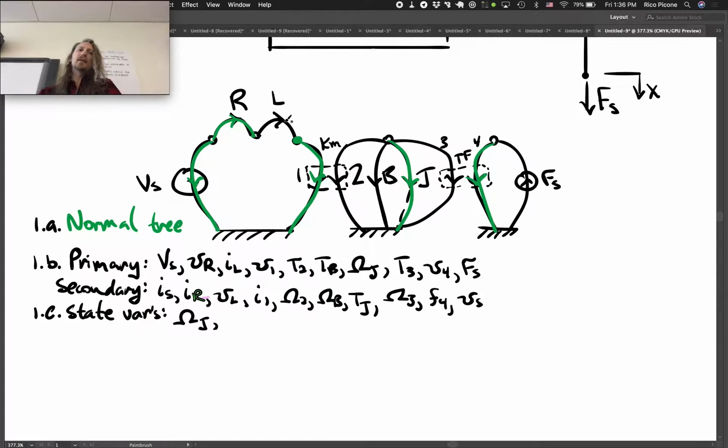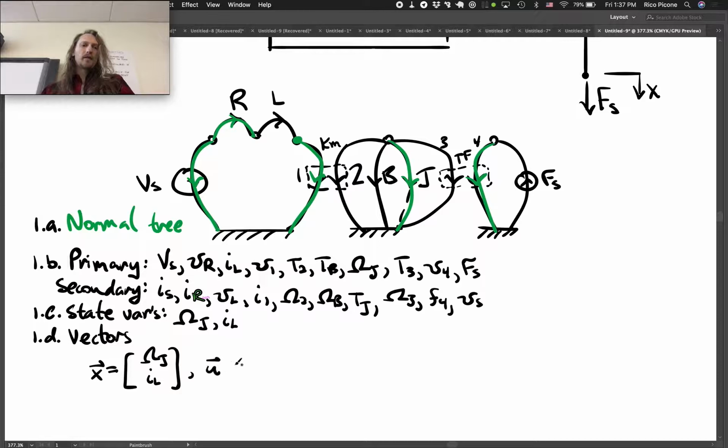L is a T-type link, so its through variable is a state variable, IL. And there are no others. Okay, so now we're ready for our vectors. The state vector is omega J and IL.